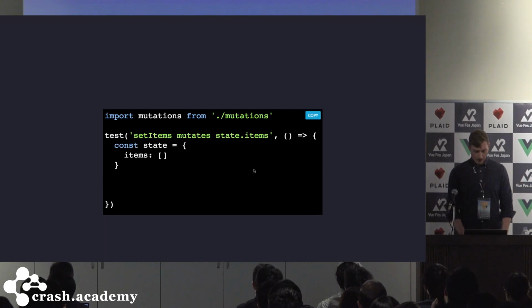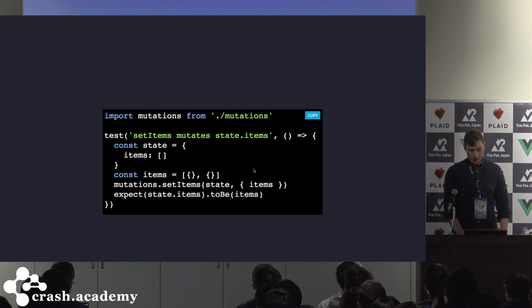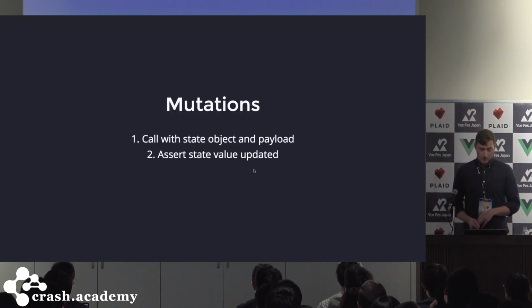So there's the state object, we create some items, call the set items mutation with the items in a payload object, and then assert that the items value is updated. So mutations are pretty simple to test.